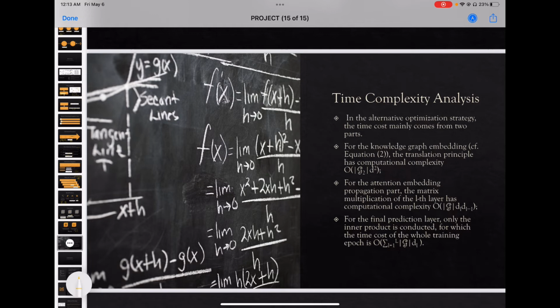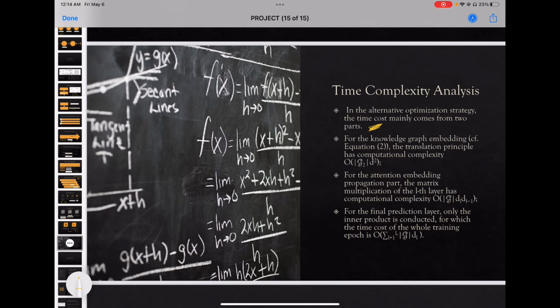Now that we have seen how the model is trained, let's see what the time complexity analysis for the entire KGAT algorithm looks like. In an alternative optimization strategy, the time cost mainly comes from two parts. The first part is for the knowledge graph embedding, and the next part is for the attention embedding propagation.